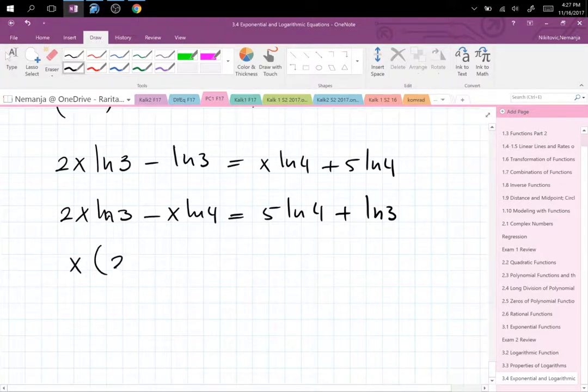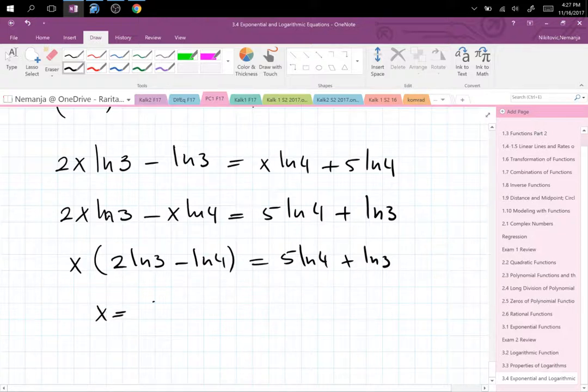We are left with (2 ln 3 minus ln 4)x equals 5 ln 4 plus ln 3. And finally, when we divide, x is equal to 5 ln 4 plus ln 3 divided by 2 ln 3 minus ln 4.